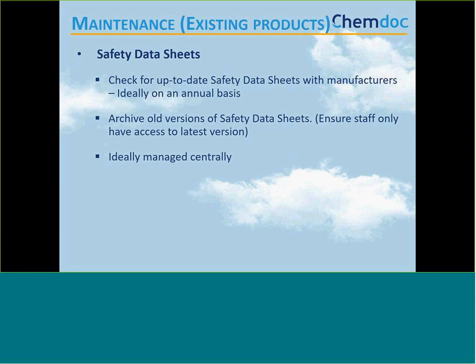If you get a newer version, you should archive the old one and ensure staff only have access to the latest one. Like when you were sourcing your safety data sheets originally, this should be done centrally. Again, you don't want 5 different departments checking once a year to see if the same product is up to date. Manage it centrally, and then give access to the safety data sheets to the departments that need them.